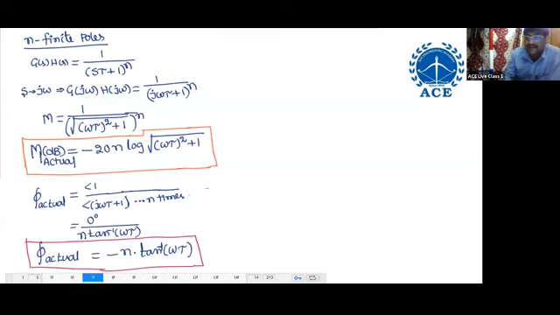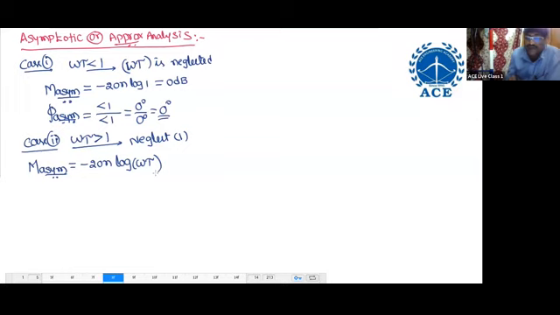Here 1 is neglected, so the 2 and the omega tau square cancel. So that's why minus 20n log omega tau. Now this can be written as minus 20n log omega minus 20n log tau.